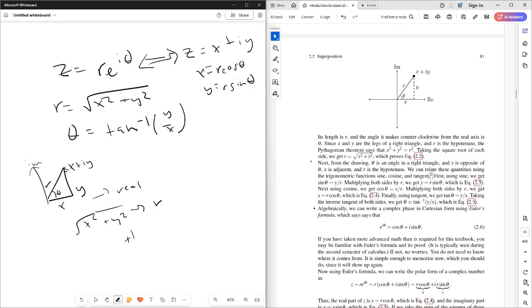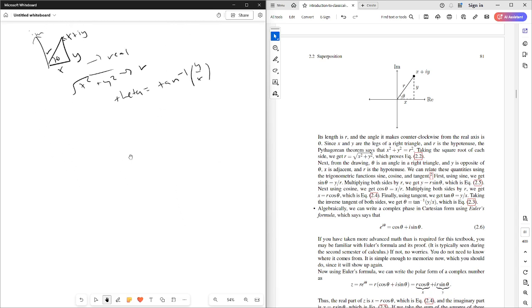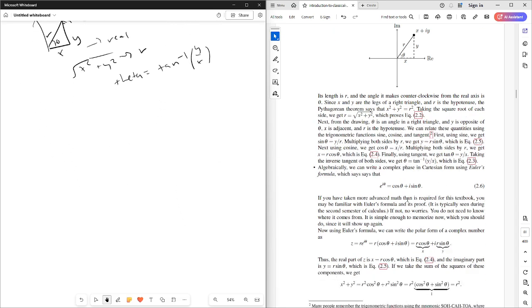So theta is the inverse tangent of y over x. I actually have notes for all this, so this is good.